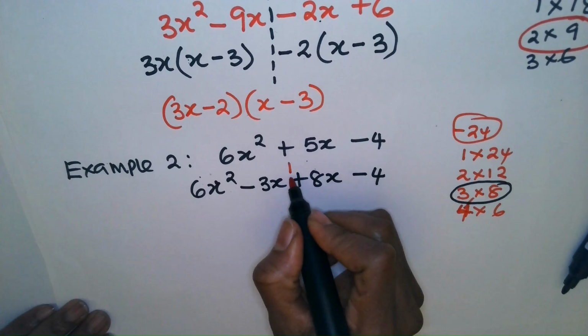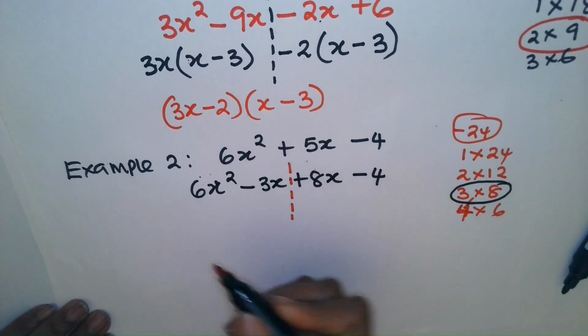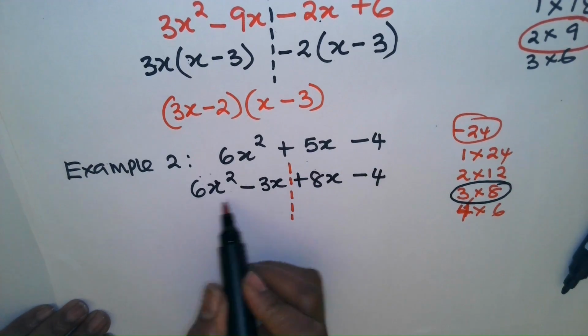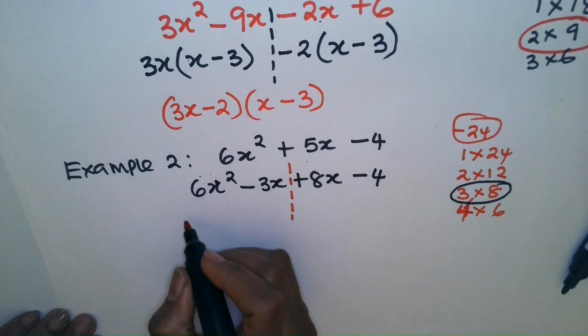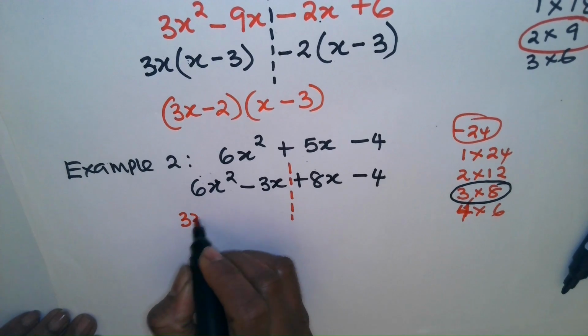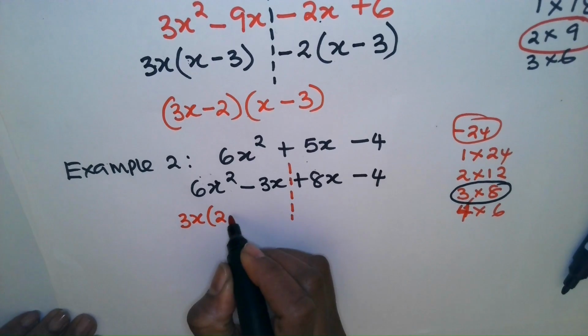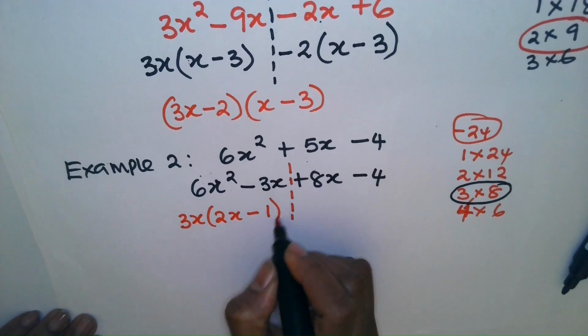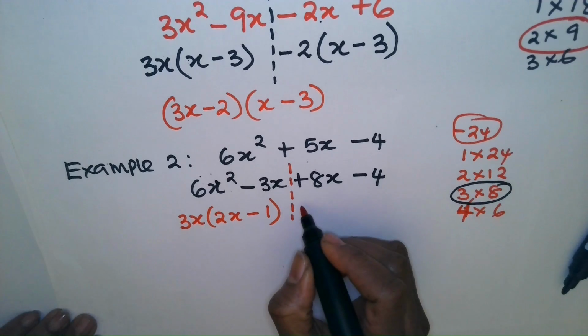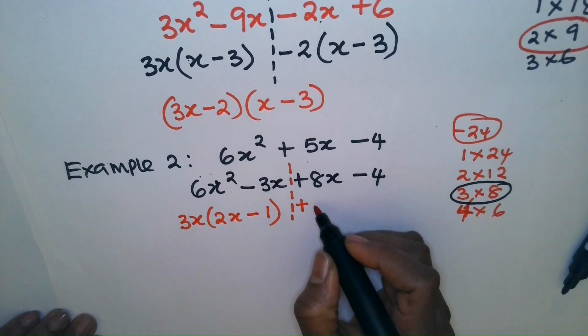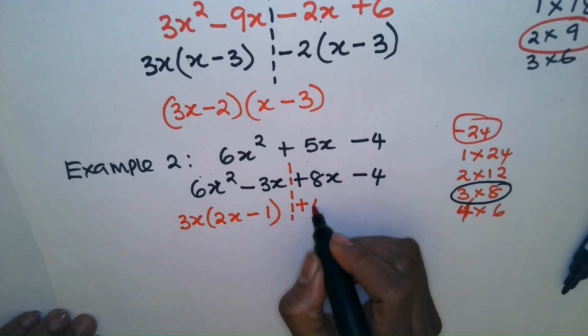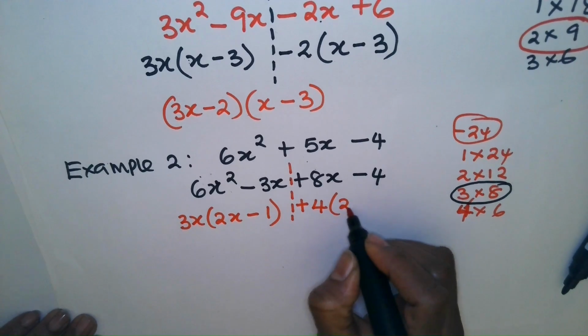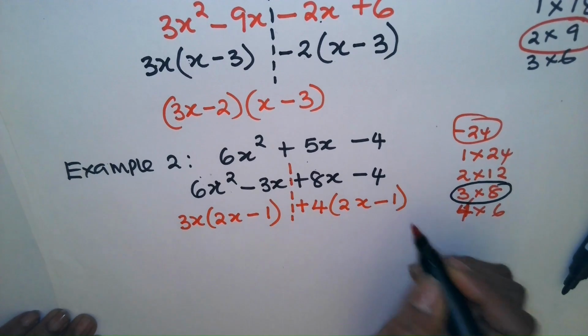I'm going to have this expression, find the common factor for this. That will give me 3x is common, and I've got 2x minus 1. And I move over here, plus what is common is 4, 2x minus 1.